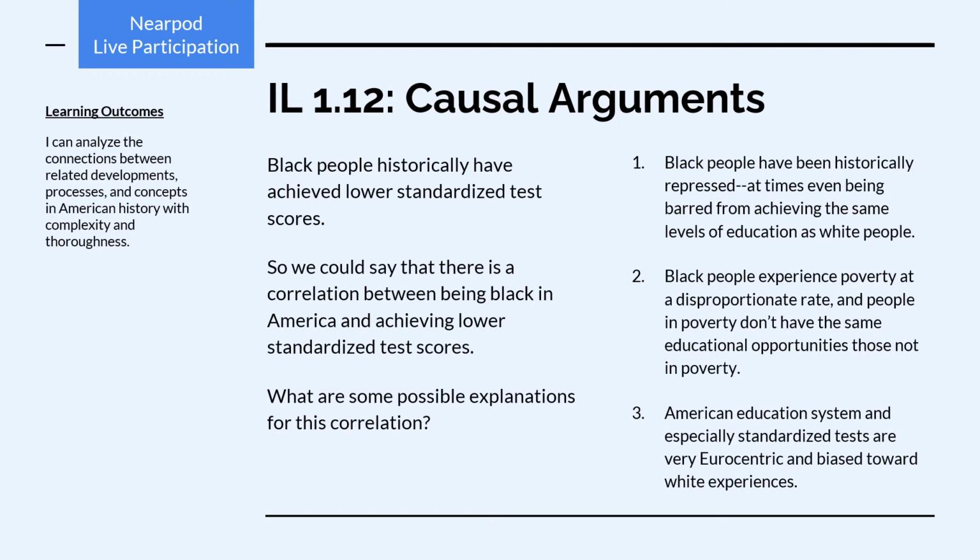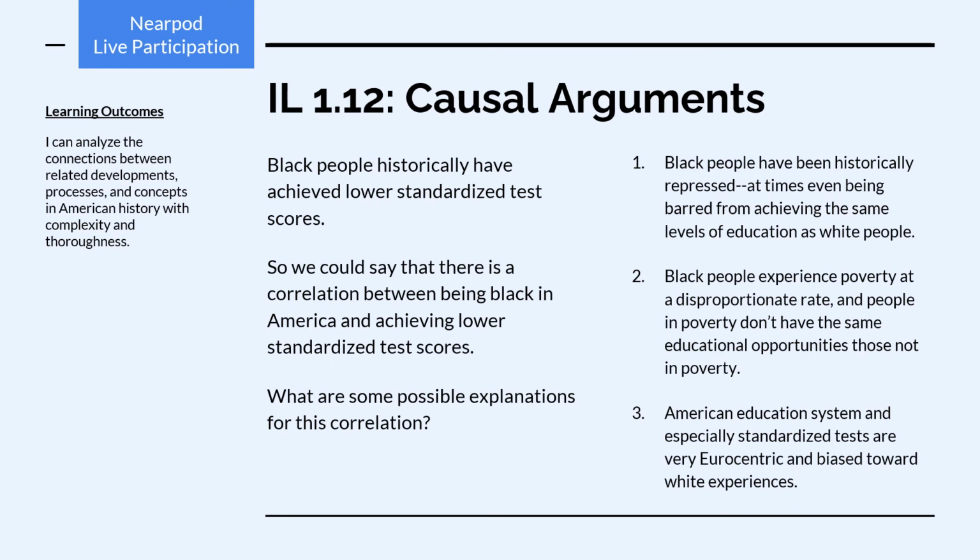We also know that black people experience poverty in our country at a disproportionate rate, and people in poverty just don't have the same educational opportunities as those not in poverty. Clearly, someone in poverty can't afford to do things like go to college, but even before that, people in poverty have to have as many breadwinners in the family as possible. And if you're a teenager and you're expected to provide for your family, you're not spending as much time as you would like studying for school.